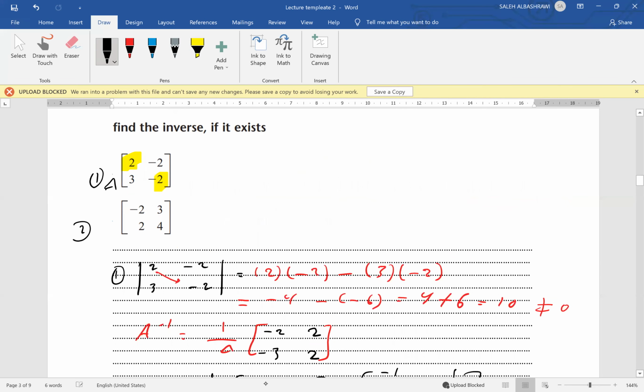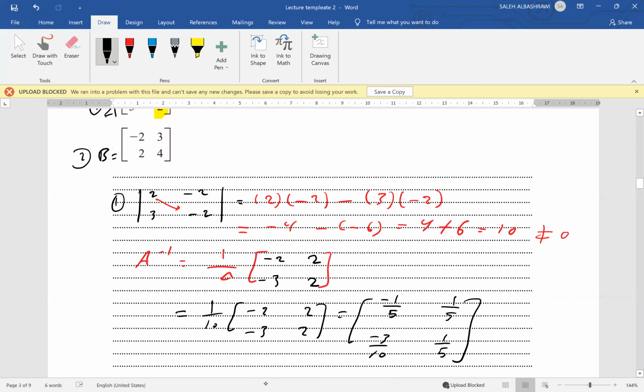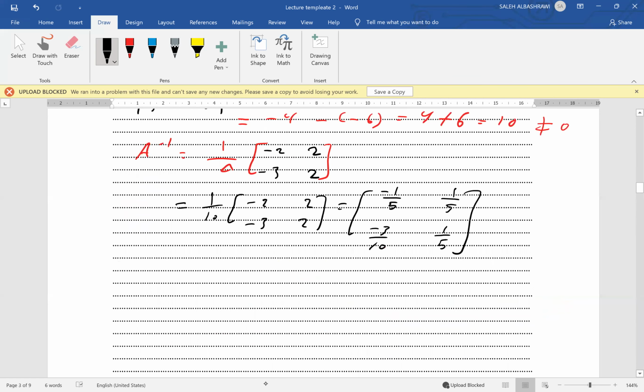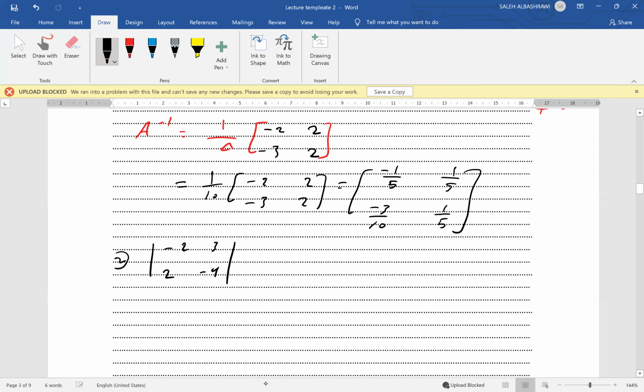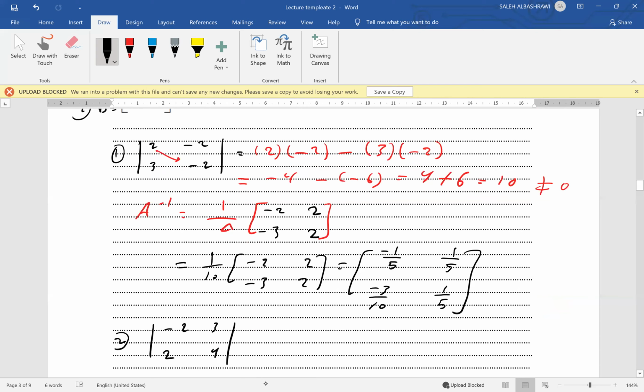In the second one, I will call this one B. Let's find the inverse for this matrix B: minus 2, 3, 2, and 4. And I need to find the inverse for this one.